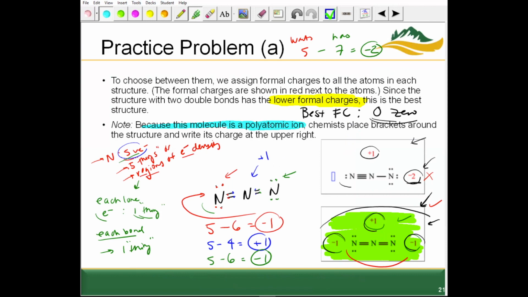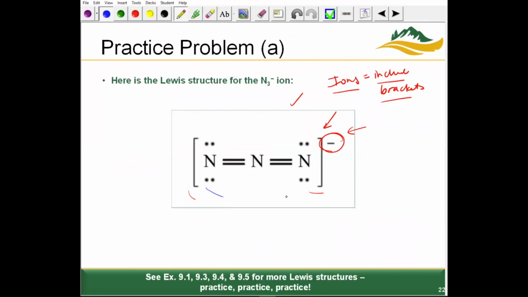So for polyatomic ions, we place those brackets around the structure and we write its charge in the upper right corner outside of the bracket. So here's the structure, here are the brackets, here's the charge.